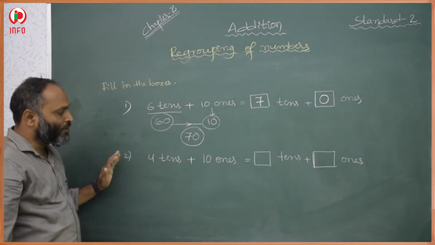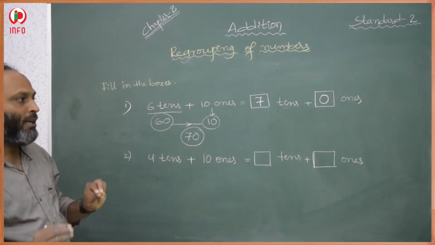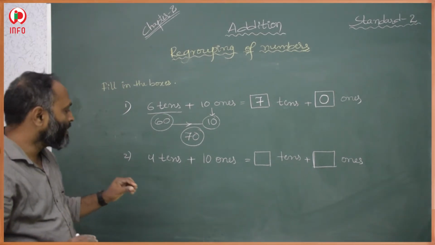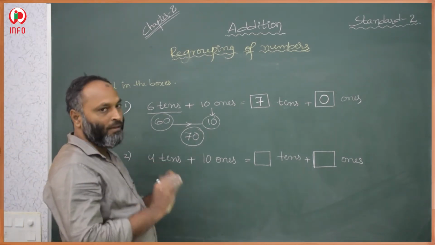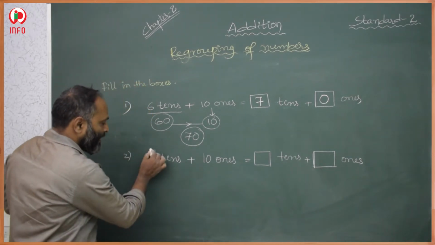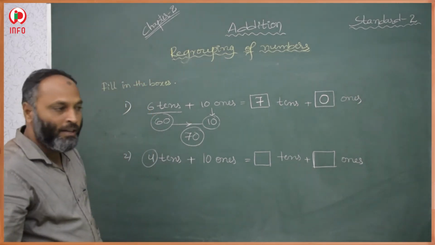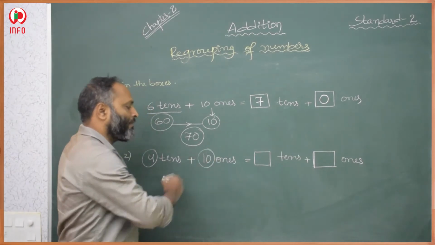Now the second question, a similar question, is given: 4 tens and 10 ones. 4 tens is given here, and 10 ones is given here.